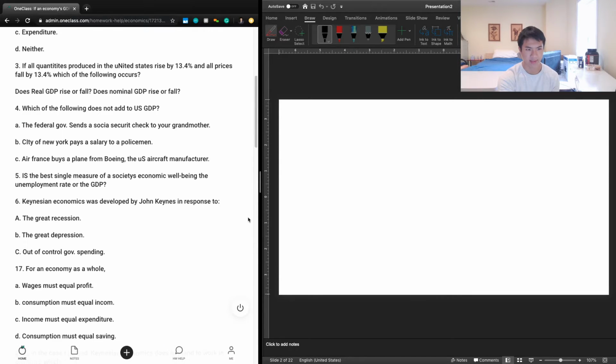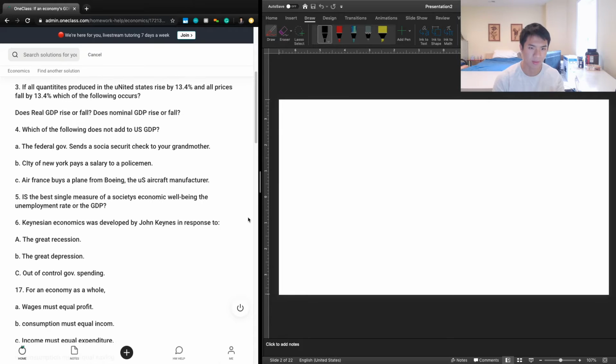3 says, if all quantities produced in the United States rise by 13.4% and all prices fall by 13.4%, which of the following occurs? Does real GDP rise or fall? Does nominal GDP rise or fall? And so here we're really talking about the difference between real and nominal GDP.